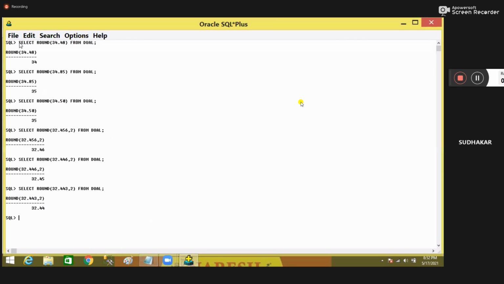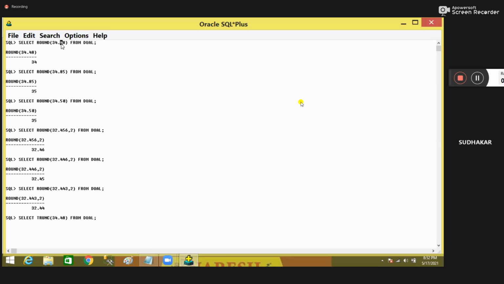Suppose I give select 34.48. Now I'm using select trunk, and I'm giving the same 34.48. Observe carefully. 34.48 I was given.